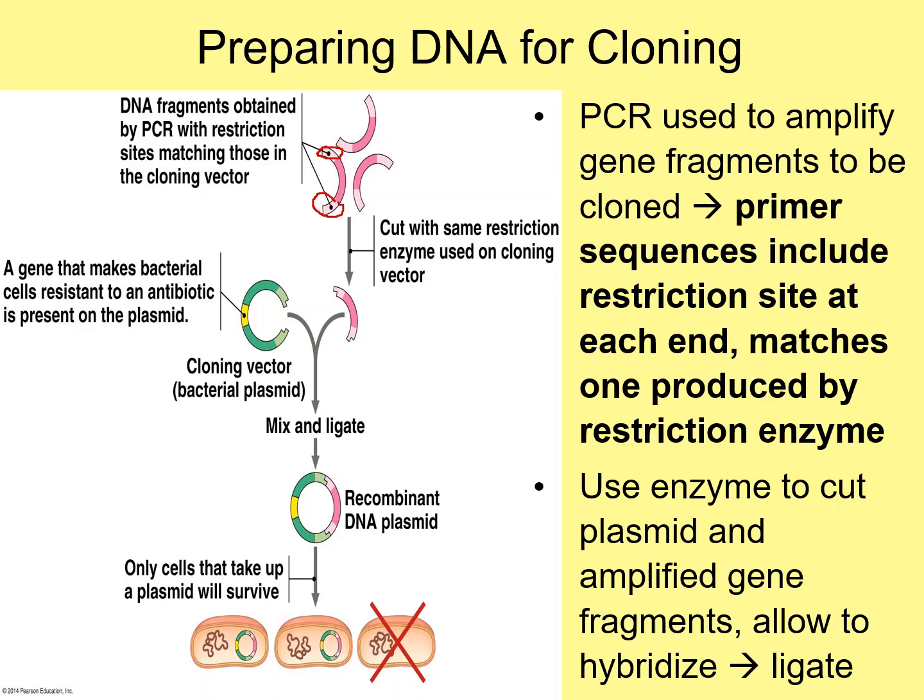plasmid. Now we have a plasmid, hopefully, that contains our DNA sequence that we're interested in. We might also, though, have gotten plasmids that just closed back up on themselves and didn't actually take up the DNA sequence that we're interested in.